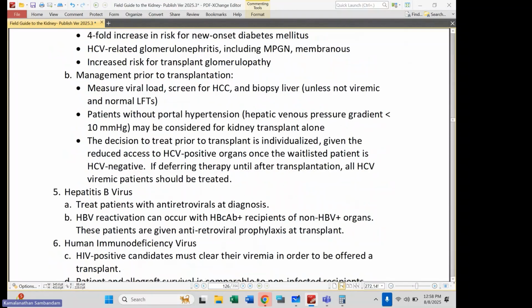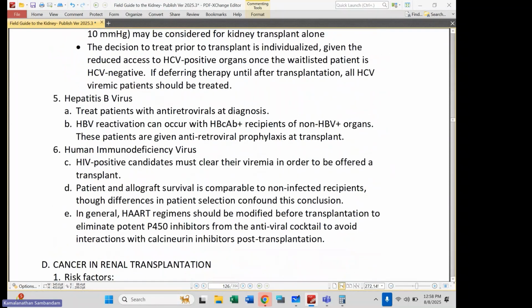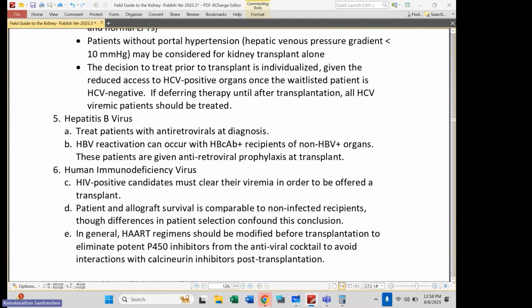Hep C might be a little bit of a longer conversation. Let's do Hep B and HIV real quick. Hep B, we generally would have effective treatments for. Lamivudine is an older one. Entecavir is the more effective drug that you'll see more commonly. And we usually treat that pre-transplant.